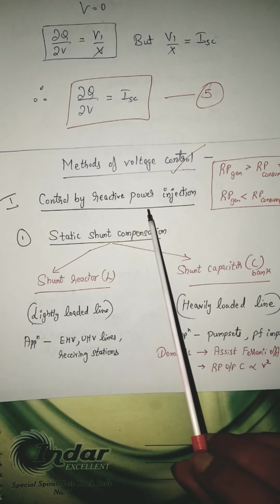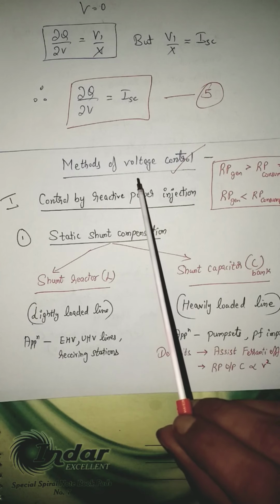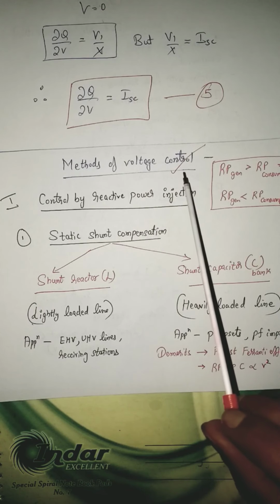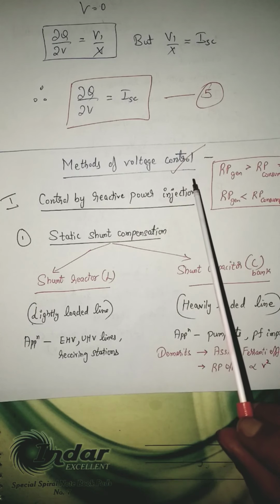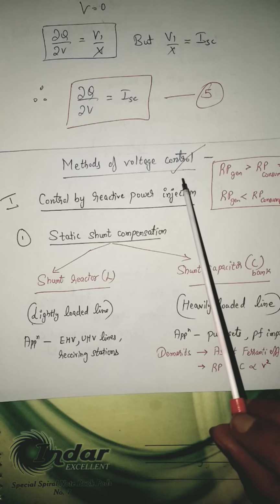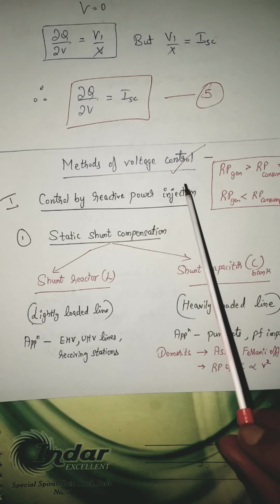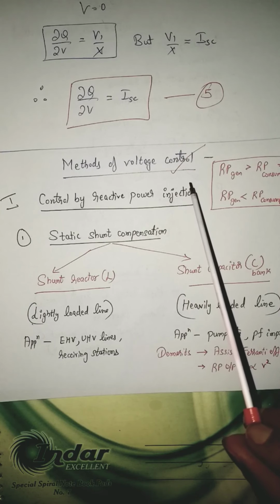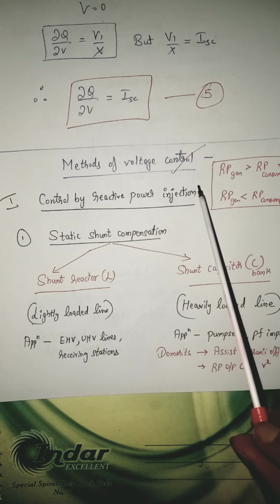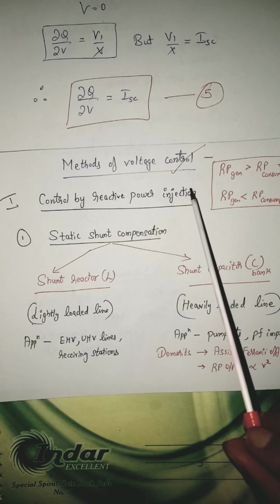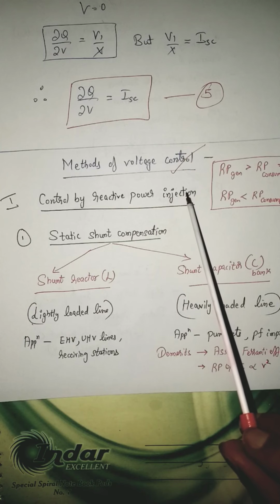So before going into this topic, you should understand what is meant by voltage control. Voltage control is nothing but by various means you'll try to either increase the voltage or decrease the voltage such that you bring back the voltage to nominal level. Generally the voltage should be maintained at 230 or 440, whatever it is, single phase or 3 phase.